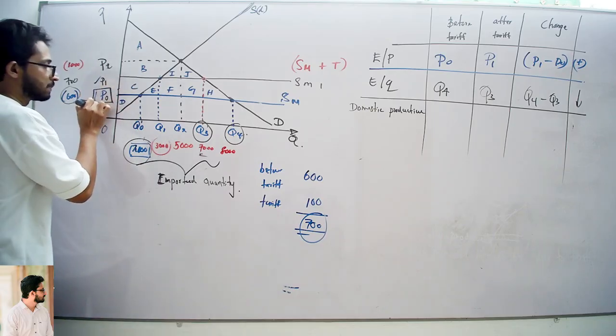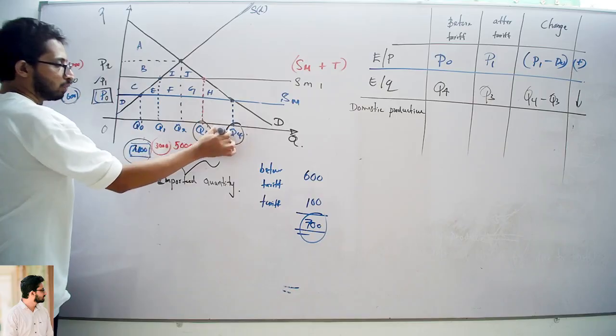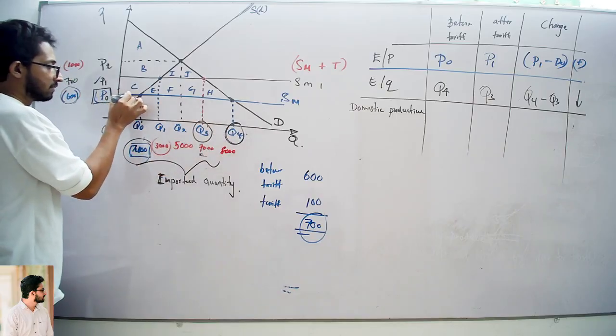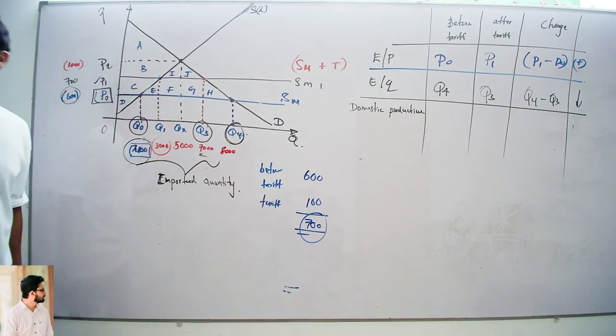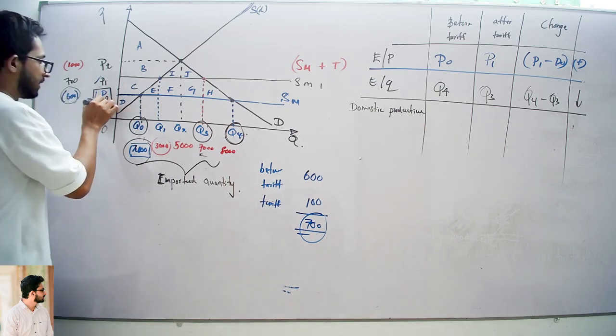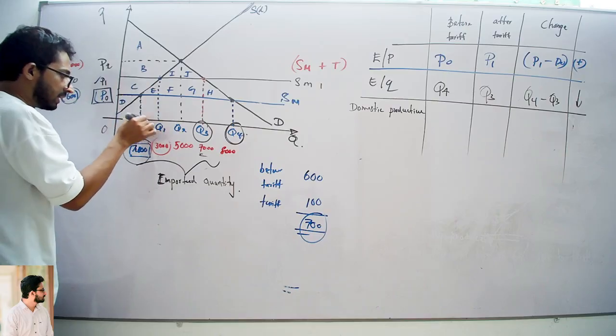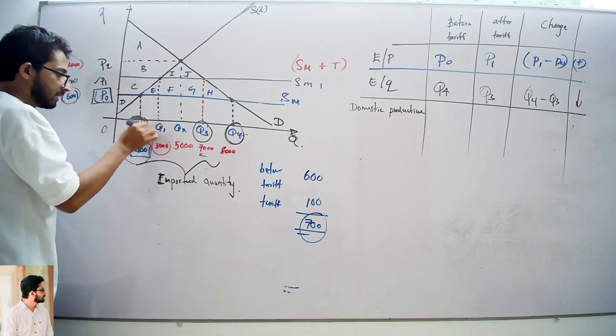Then at this price, this is the demand, total demand Q4. How many units are being supplied by domestic sellers? Yes, Q0. Are you not okay with this point? I got it now, sir. Okay. At the P0 price, this is the quantity supplied by domestic sellers, Q0.